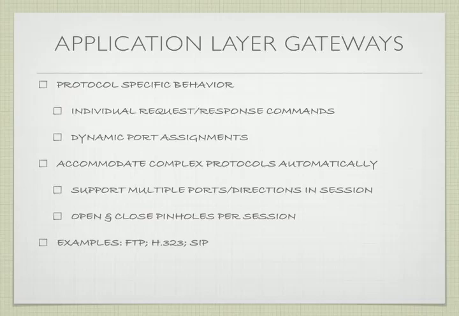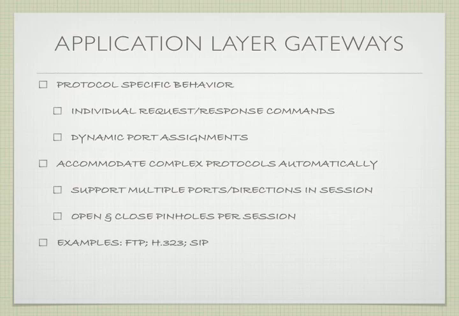So the typical examples of what uses an application layer gateway would be file transfer protocol, H.323 or SIP. For instance, FTP will create its initial connection on a fixed port 21, but it immediately negotiates between the client and the server a random high port to do the actual communications and transfers on.